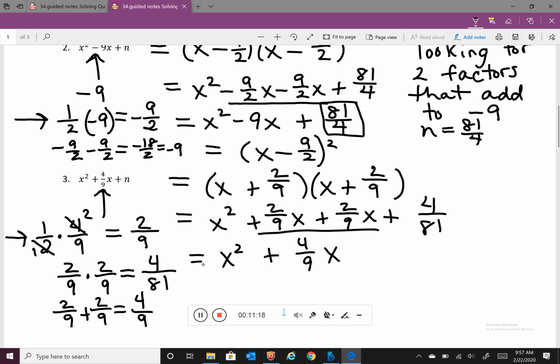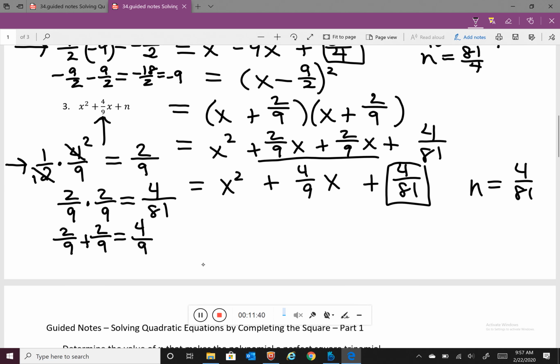Both are times x, and we have that missing piece, 4 over 81. So n is 4 over 81. That was the piece we needed in order to complete our square, which creates a perfect square trinomial, which factors as x plus 2 over 9 quantity squared.